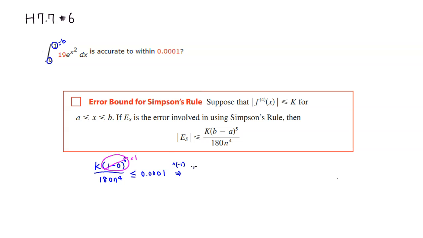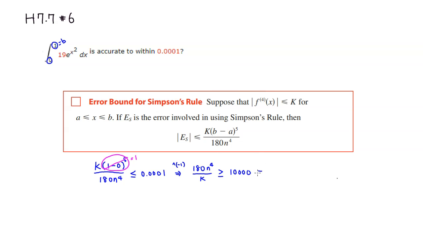So we have 180 n to the fourth power over k, and the reciprocal of 0.0001 is 10,000. When you take the reciprocal, we have to change the direction of the inequality. So we have that.